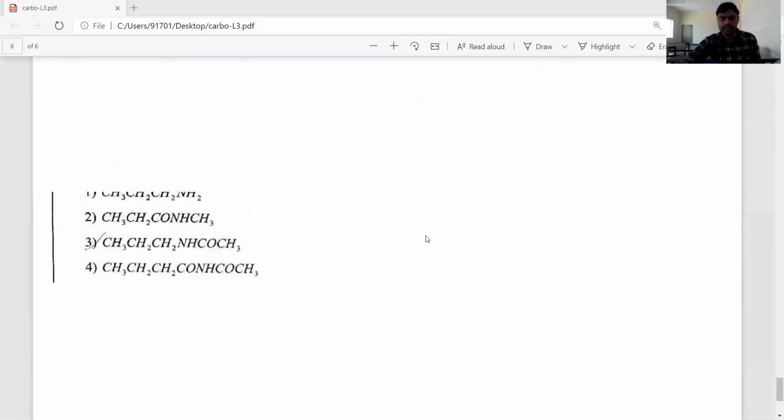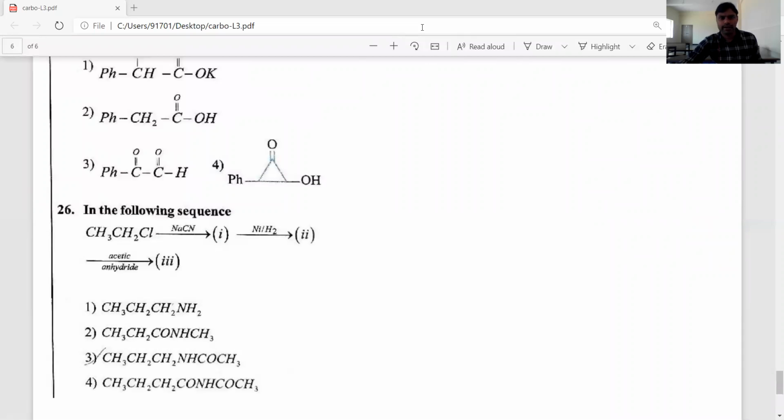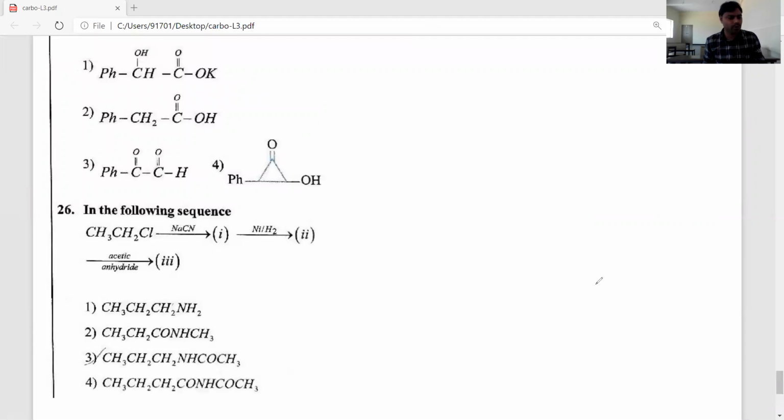Okay, students. Now I will discuss some important reactions that are very important for electrophilic substitution reactions. One important question is, for example, a benzene ring having two electron donating groups, which are ring activating groups.